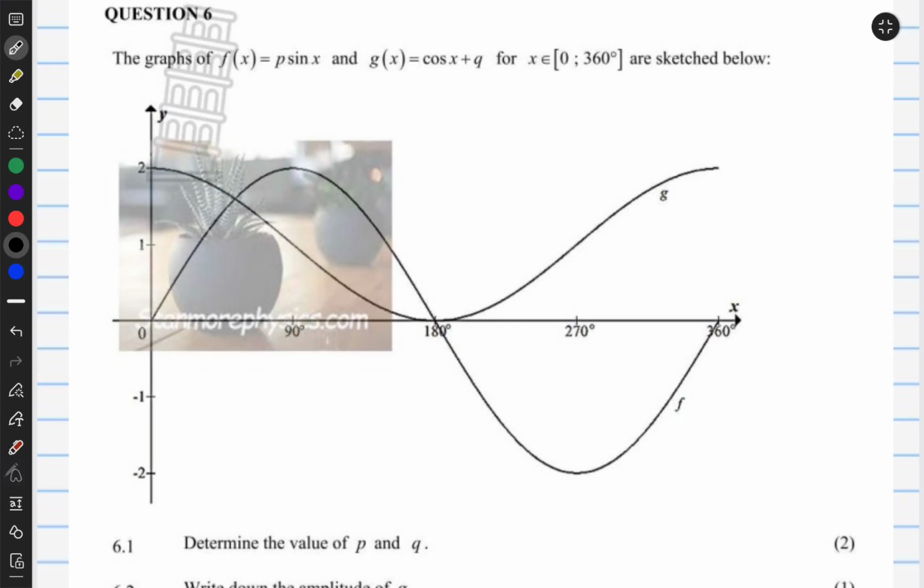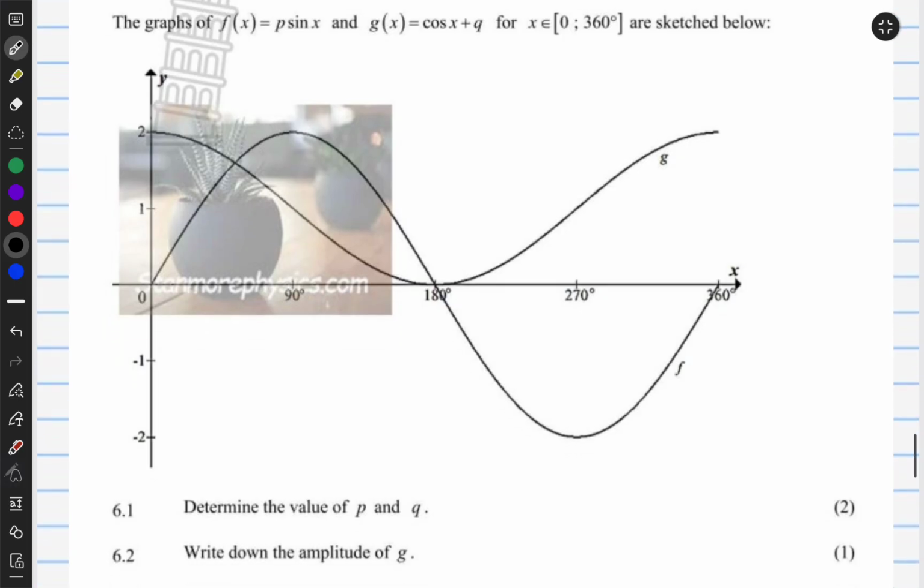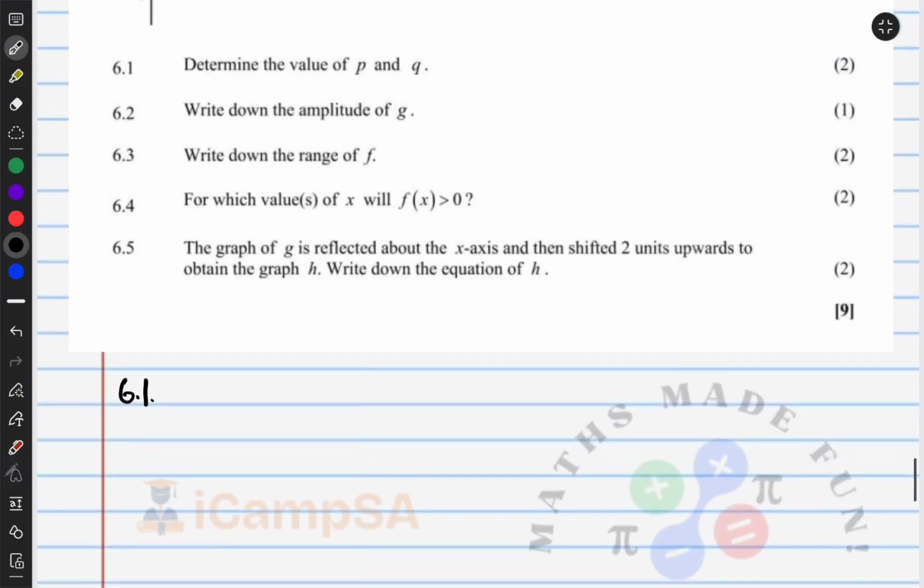But now what do we see? We see the graph of sine going to 2 and -2. So this sine function has been stretched by a factor of 2. Our amplitude is 2, so the value of p is 2. We say p is equal to 2.